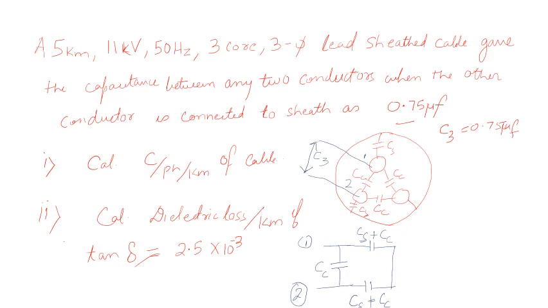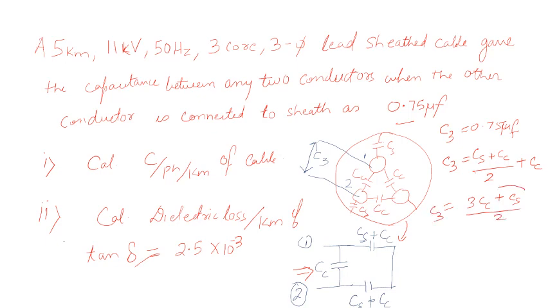Now I have modeled this circuit with C3 as here, so you can write C3 as these two are in series, and this is in parallel, so you can write (CS plus CC) divided by 2, the series combination, plus CC. So you will get 3CC plus CS upon 2, right?